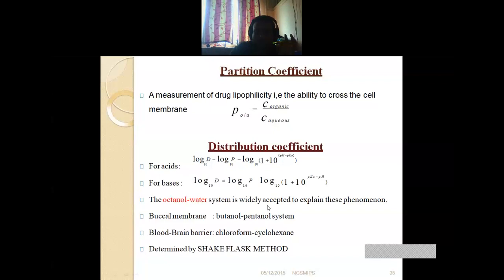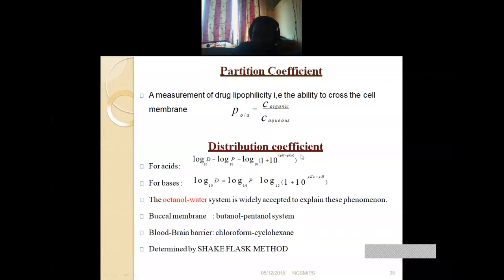So this is the octanol-water system. For the calculation of the distribution coefficient, the octanol-water system is used.